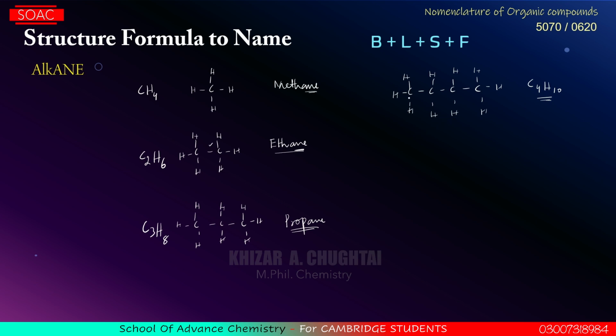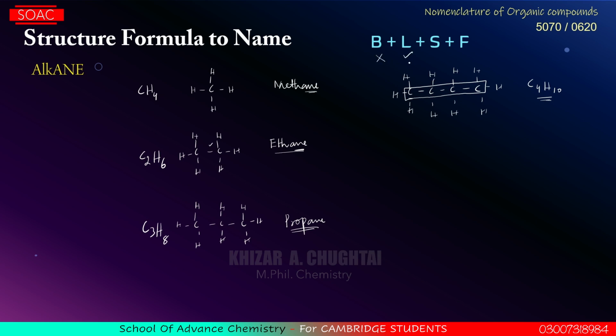So first of all, I'm going to check the longest chain. Longest chain, continuous longest chain. All carbons are lying on the same route, on the same road, on the same line, you can say. And if all carbons are lying on the same route, there is no branch. No branches over here.